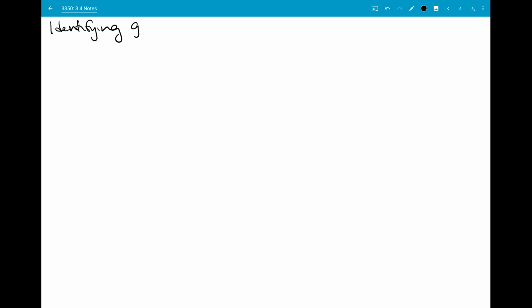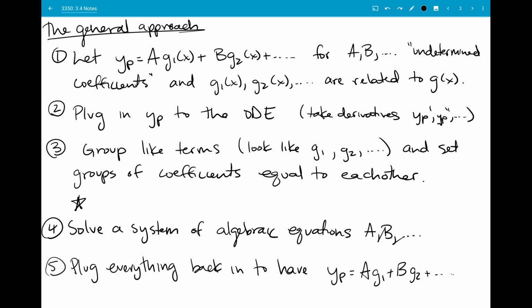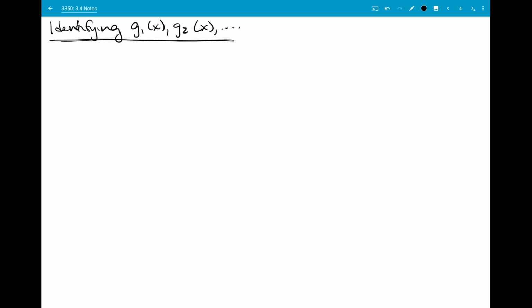So the tricky part here that I glossed over is that you have to learn how to figure out what G1, G2, and so on are. So I'm going to tell you that there are going to be 3 guiding principles for us.